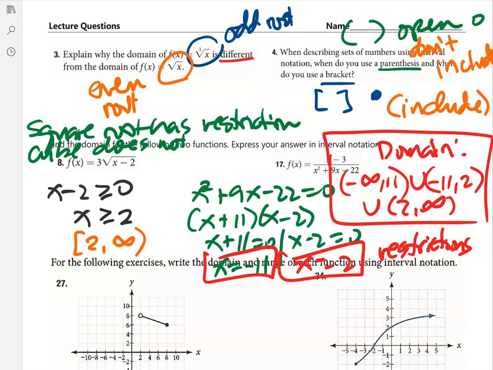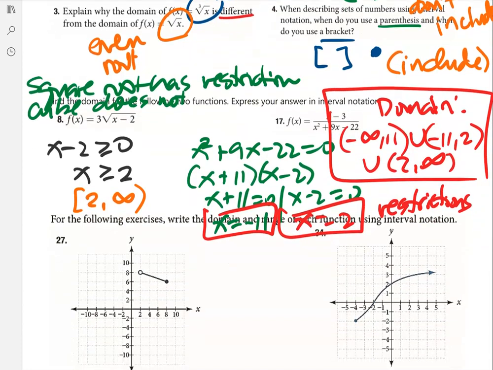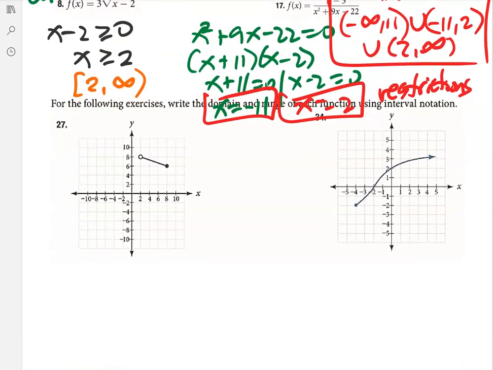Okay. Next, write the domain and range given the graphs. So domain here: all the x values from left to right, that is from 2 to 8.